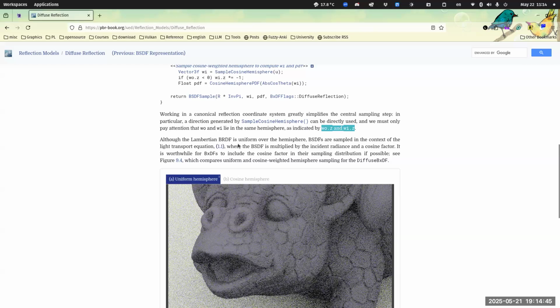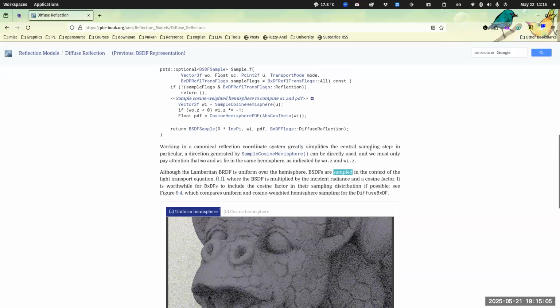Although the Lambertian BRDF is uniform over the hemisphere, BSDFs are sampled in the context of the light transport equation, where the BSDF is multiplied by the incident radiance and the cosine factor. It is worthwhile for a BxDF to include the cosine factor in its sampling distribution if possible.